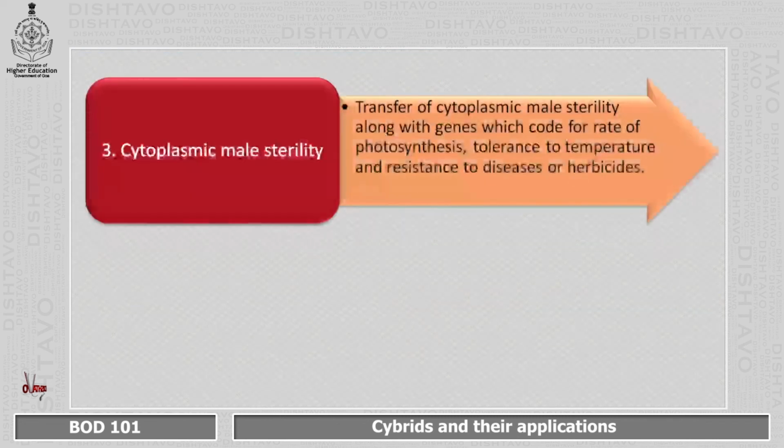The third one is cytoplasmic male sterility. It is a phenomenon where the plant produces sterile pollen.